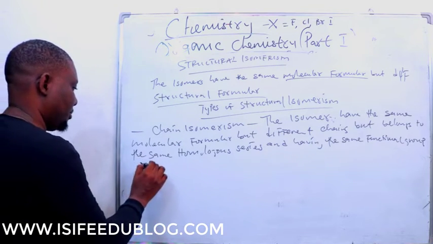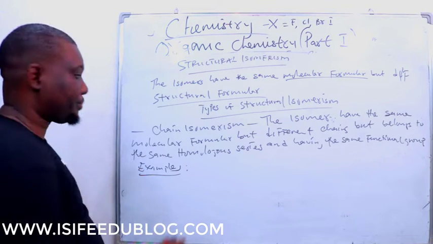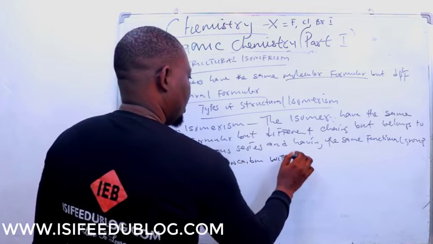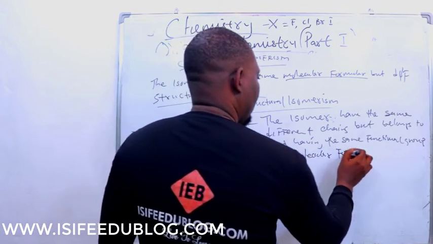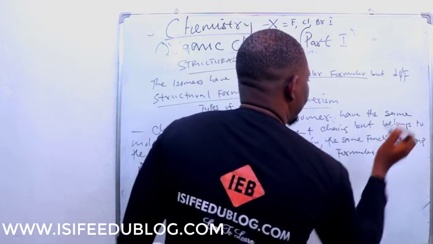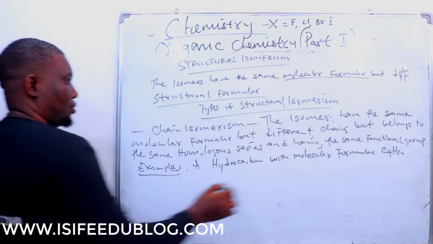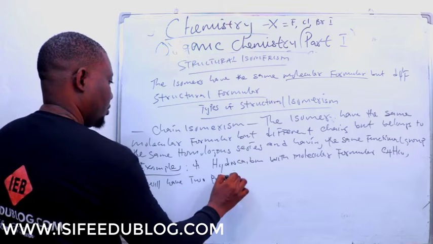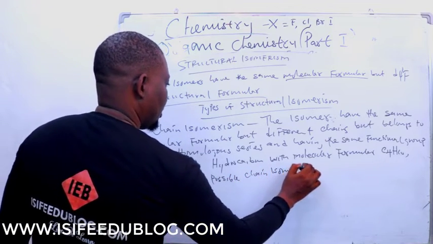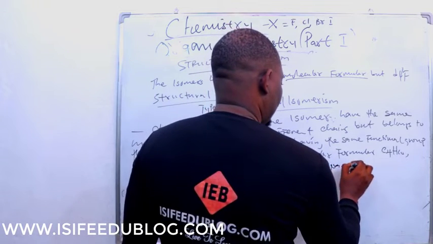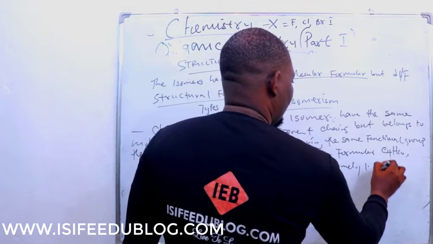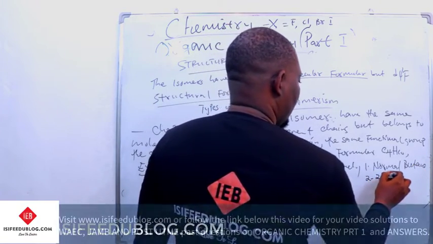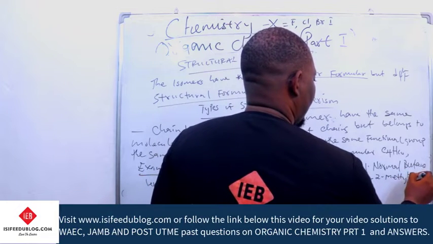I'll give examples. Example. A hydrocarbon with molecular formula C4H10 will have two possible chain isomers, namely one, normal butane, since it's 4 carbons, and 2, 2-methylpropane.